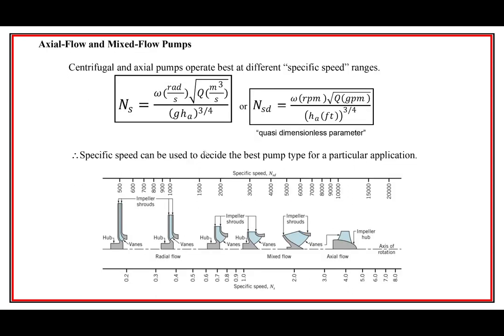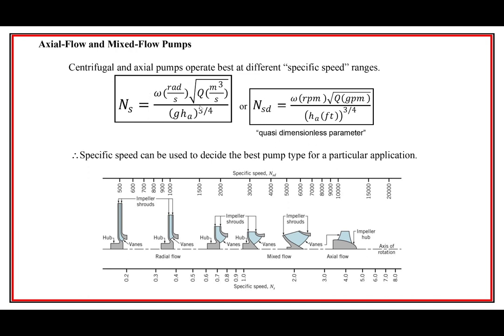Before we go to an example or a couple of examples, we also want to take a look at this useful specific speed concept. The specific speed concept can be used to select a pump.